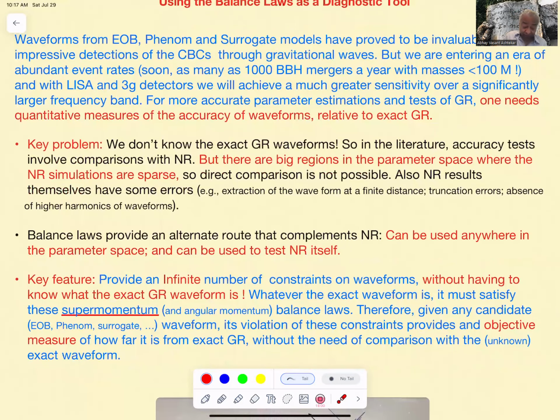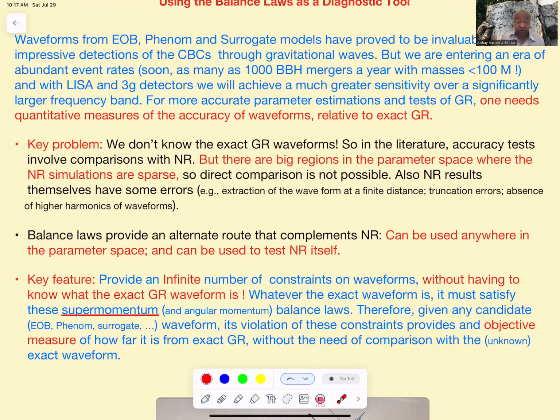These waveforms from the effective one-body approximation, phenom models, and surrogate models have proved to be invaluable for the impressive detection of compact binary coalescences through gravitational waves. But we are now entering an era of abundant rates.